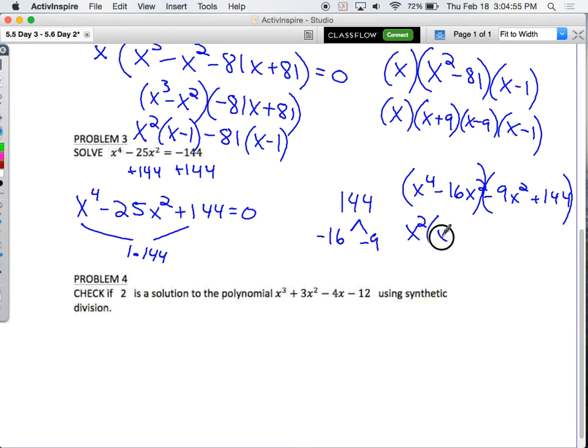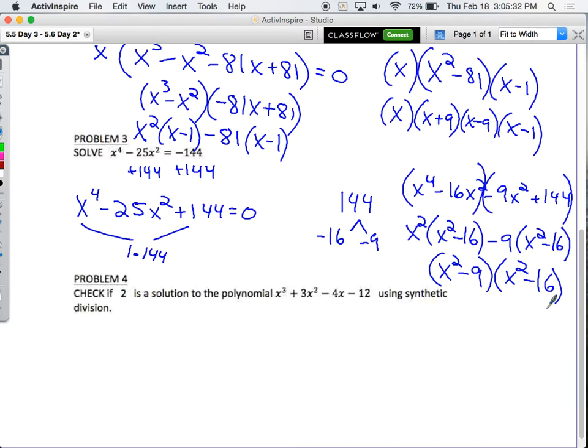Left inside, we would have x squared minus 16. The greatest common factor of the next set of parentheses is -9. Left inside, we would have x squared minus 16. -9 times -16 is +144. Clean it up. X squared minus 9, combining these 2 parts, times x squared minus 16.